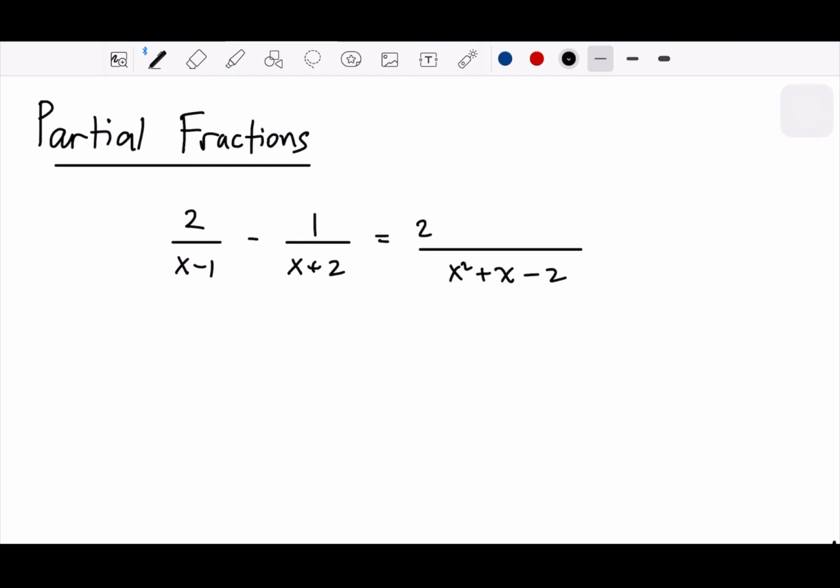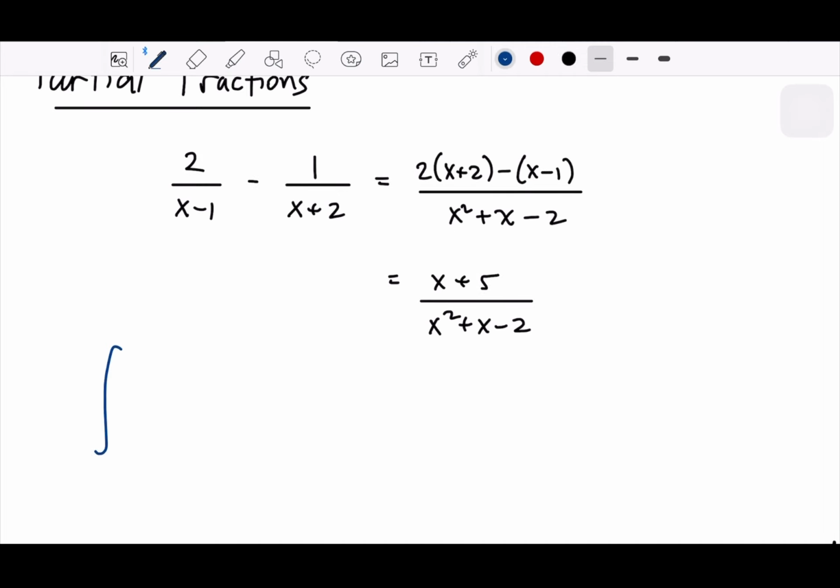And we could write the top as 2x plus 2 and then minus x minus 1, right? And if we compute, we have x plus 5 over x squared plus x minus 2. Now, if the integration question asks for the integral of x plus 5 over x squared plus x minus 2 dx.